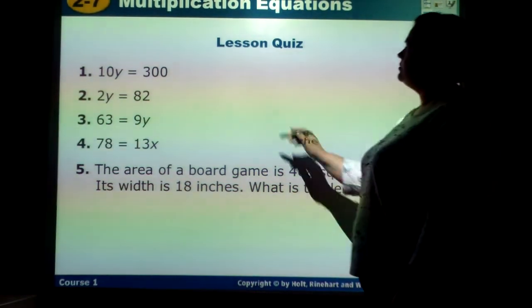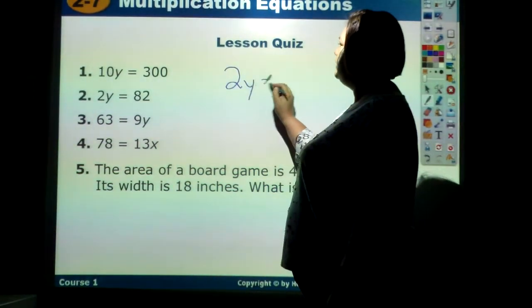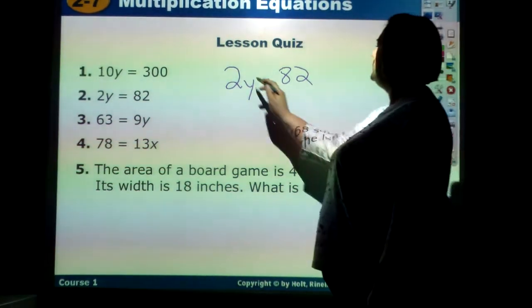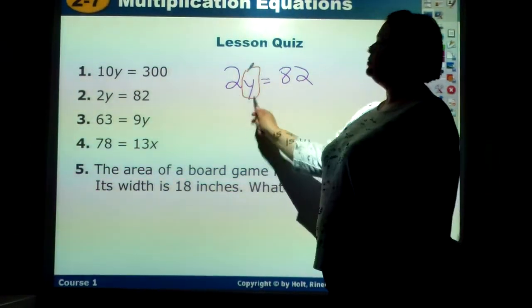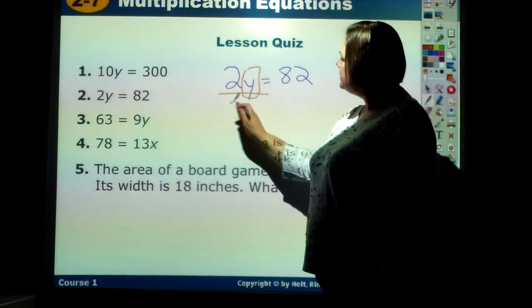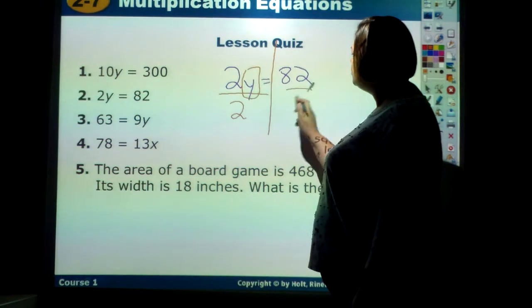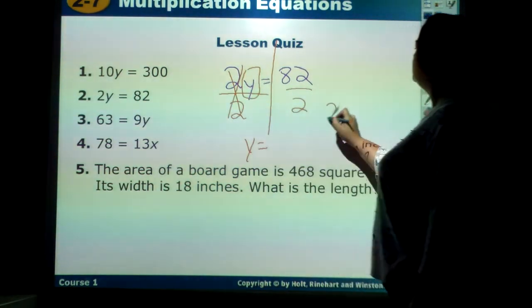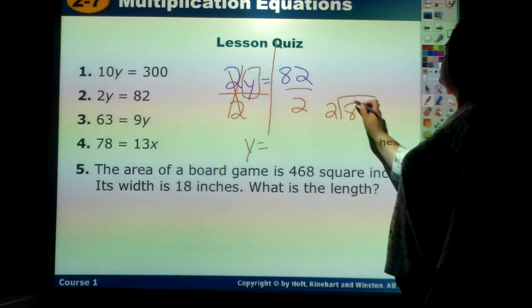Let's look at 2. 2y equals 82. First, isolate that variable. 2 with the letter smushed up next to it means multiply. So to do the opposite, we divide on both sides of the equation. y equals 82 divided by 2.